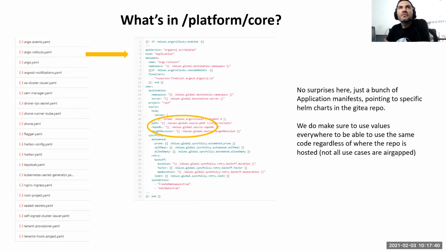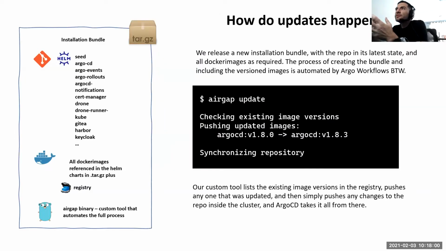This is also used in internet reachable, internet available environments. And that's it. We have Argo tracking the in-cluster repository, fetching in-cluster images, and basically syncing the cluster against the in-cluster repo.